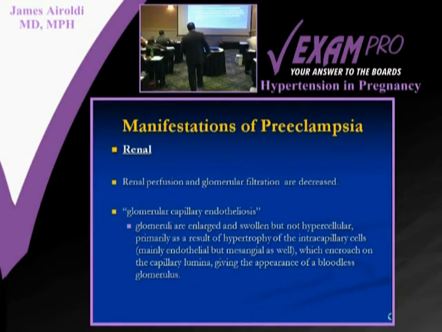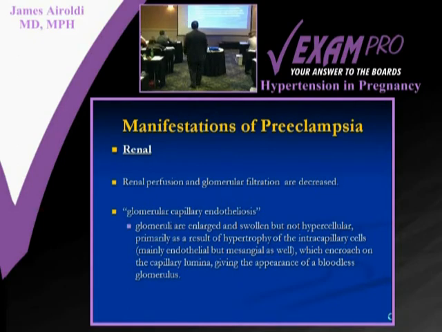The test question that you may see is, what is the renal problem? It's called glomerular capillary endotheliosis. And that is glomeruli in your kidney that are enlarged and swollen, but not hypercellular, primarily the result of hypertrophy of the intracapillary cells, mainly endothelial but mesangial cells as well, which encroach on the capillary lumina, giving the appearance of a bloodless glomerulus.